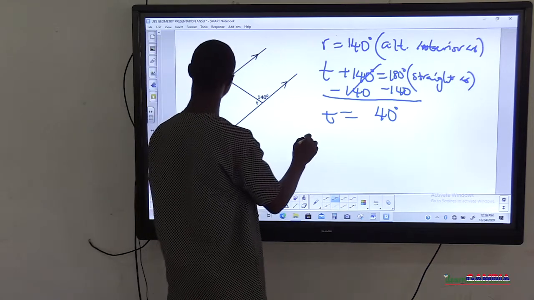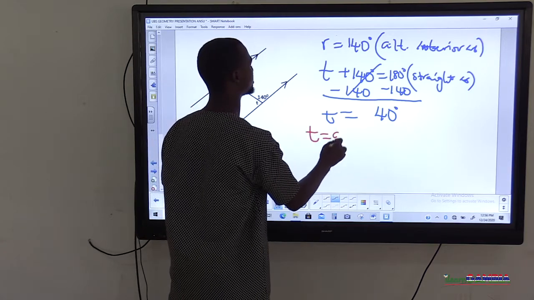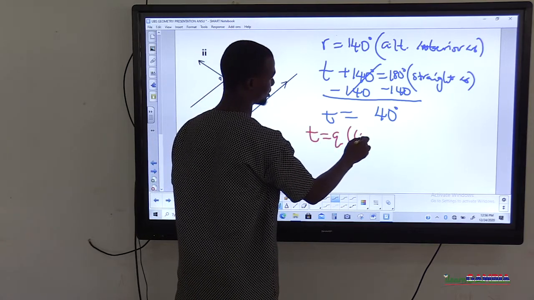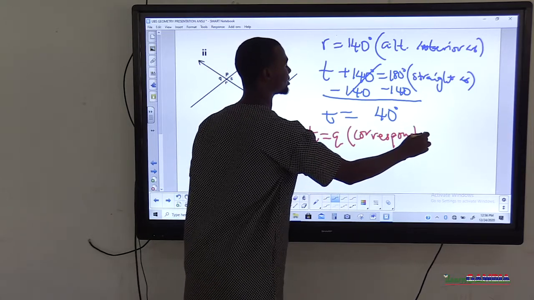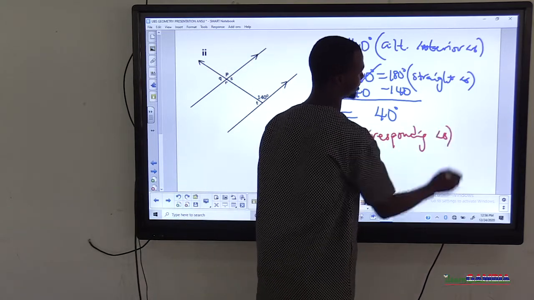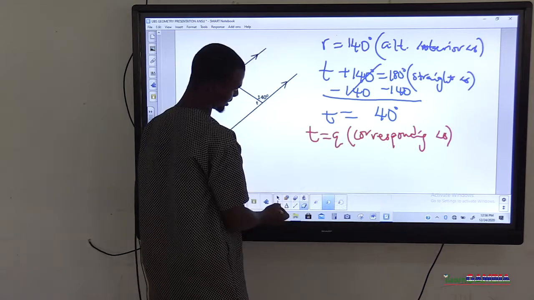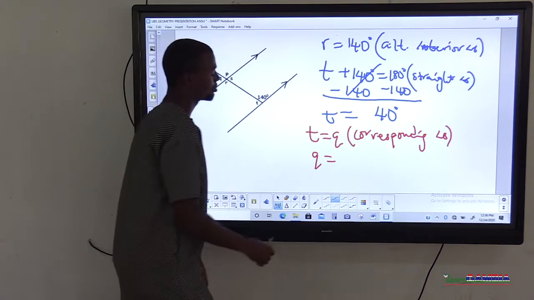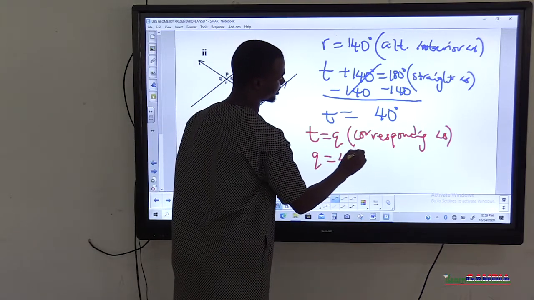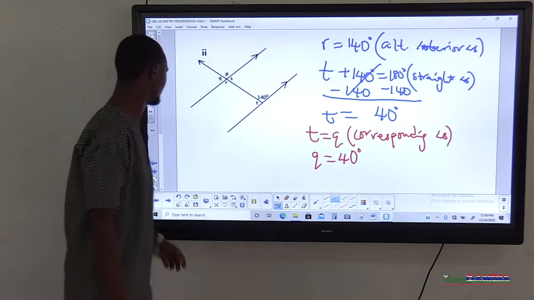So we'll say T is equal to Q, reason, corresponding angles. Therefore, Q is equal to 40 degrees, since it is equal to T.